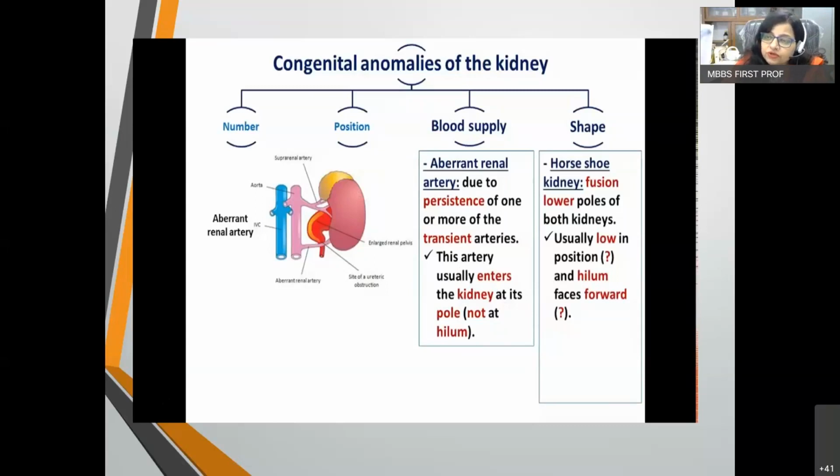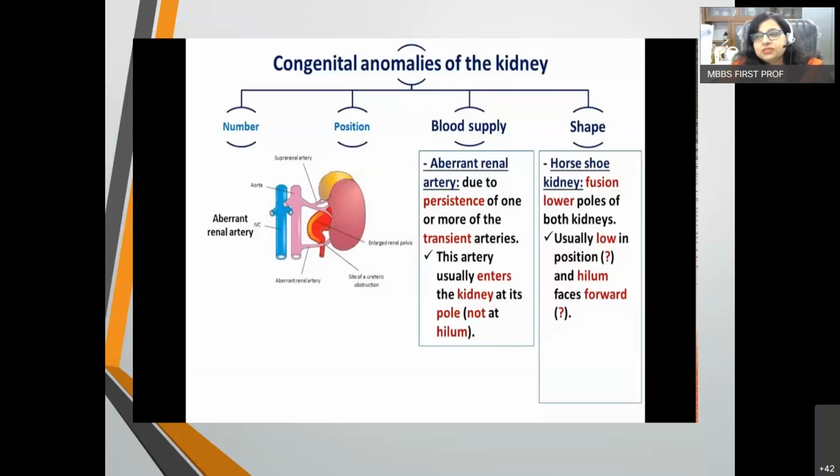Okay. When we talk about the shape of the kidney, if the lower two poles of the kidneys fuse together, then there could be horseshoe kidney. What is the shape of a horseshoe? U-shaped.